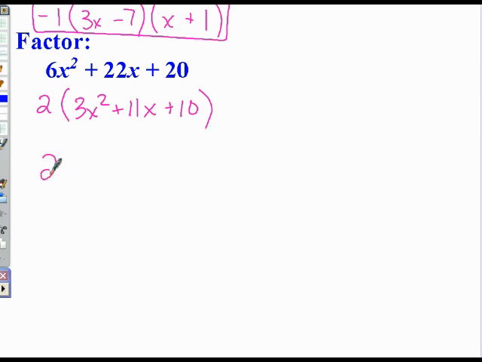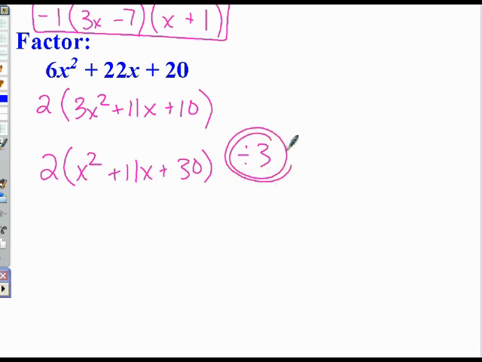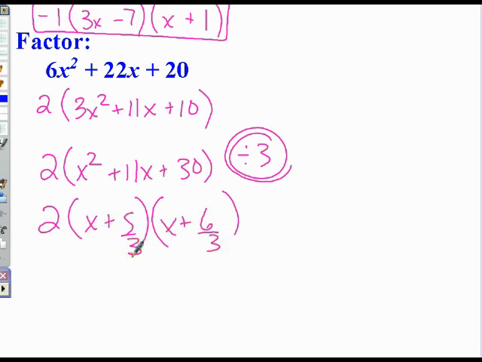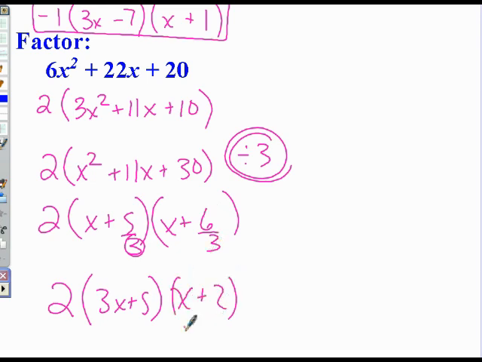This is going to be 2 times x squared plus 11x plus 30, but we have to remember to divide off that 3 later. 2 times x plus 5 plus 6 and divide off the 3. So 2, bottoms up, 3x plus 5, that goes straight in, x plus 2. So those are the factors of the original trinomial.